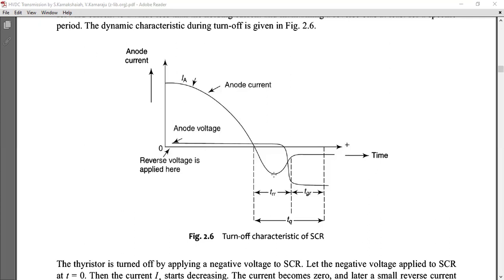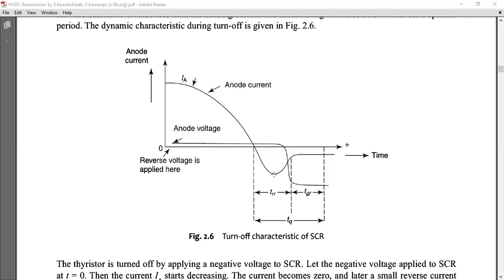So before the thyristor can again block forward voltage, we have to wait for some time in order to reduce the trapped stored charge. The time required for recombination of these carriers is TGR, called the gate recovery time. So TRR is the reverse recovery time and TGR is the gate recovery time.